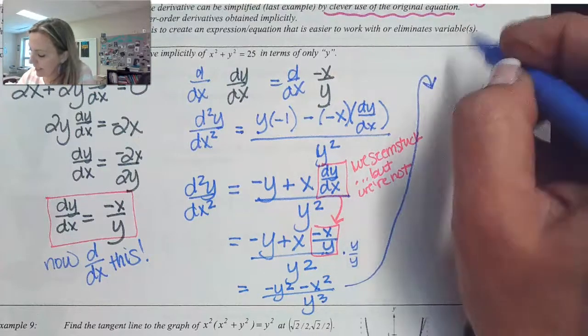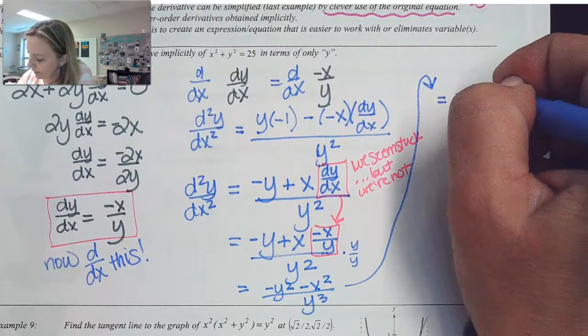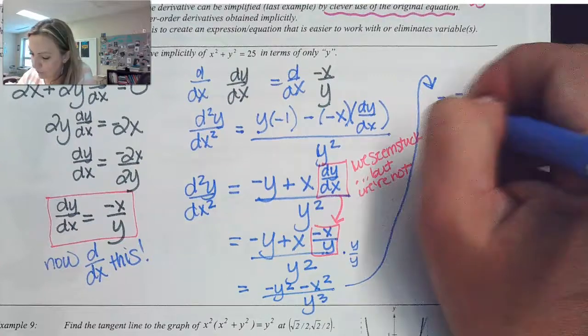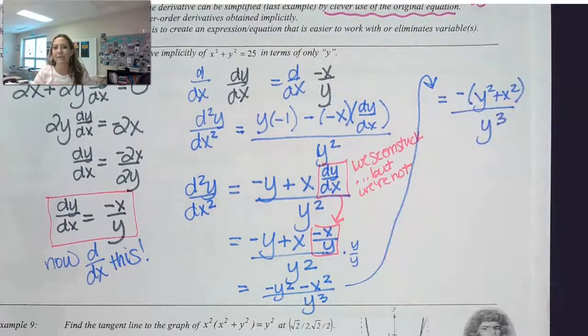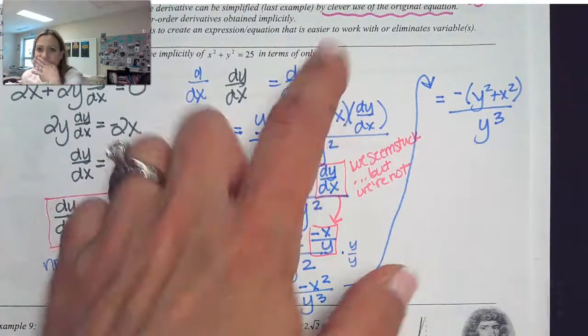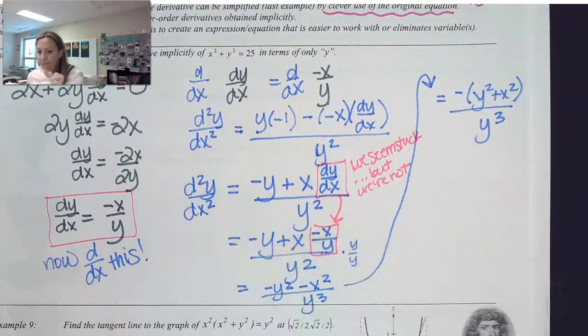So I get negative y squared plus x squared over y cubed, okay? Again, we seem stuck, don't we? Because this is beautiful for our second derivative, except it wants it only in terms of y. Well, I still have this x, what can I do?